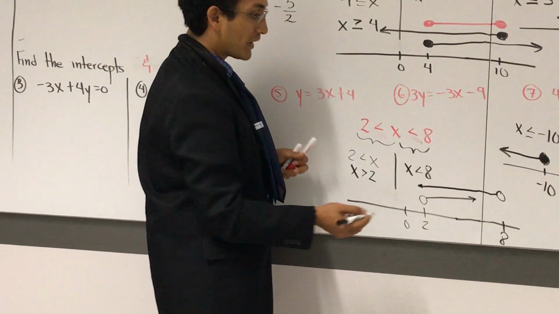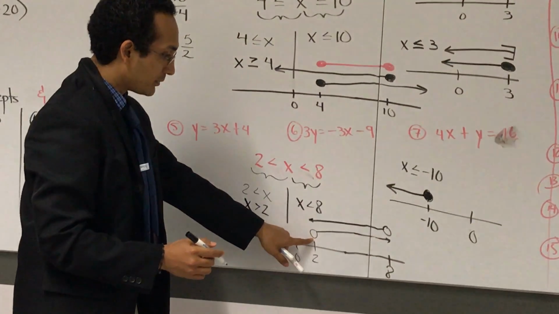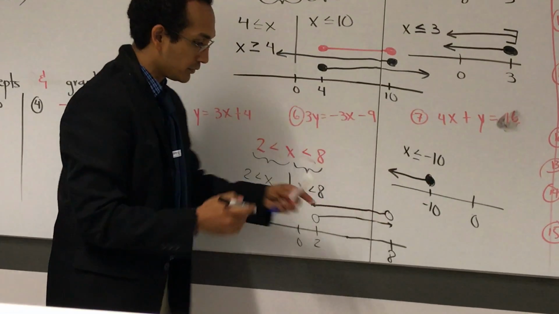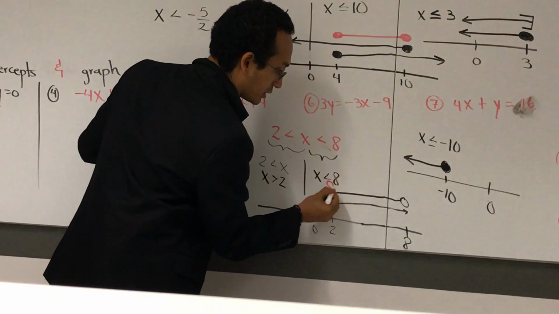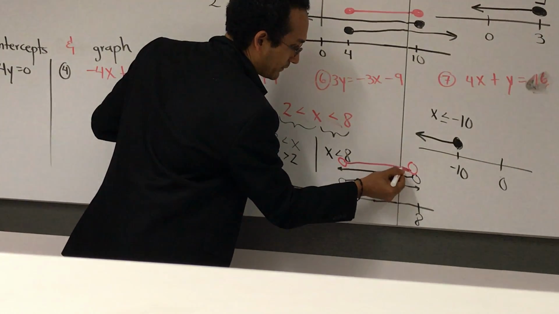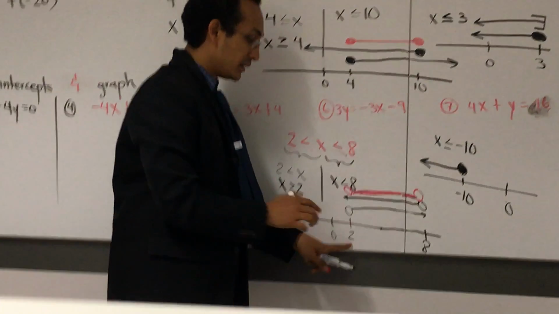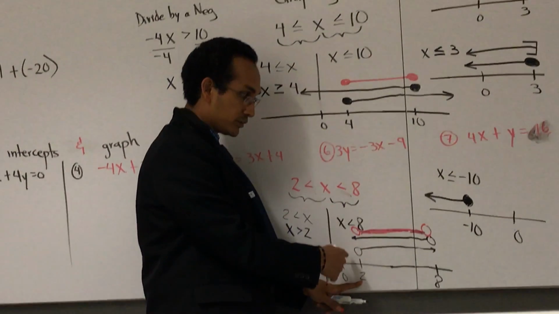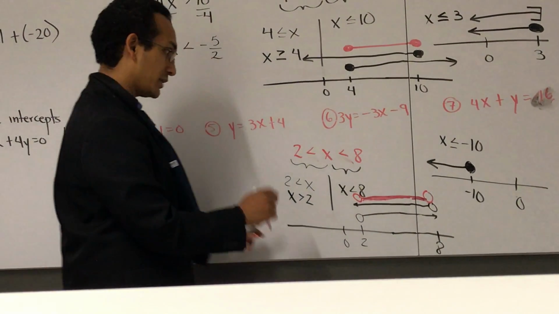So now, what can you do to combine these two guys? Well, here's gonna be a hole, here's gonna be a hole, and you're going to put a hole here, and you're going to combine both, see? So what this means is, it could be greater than 2, but not 2, and it could be less than 8, but never 8. So that's what it means.